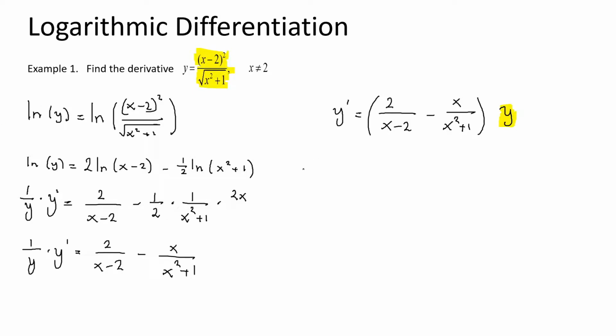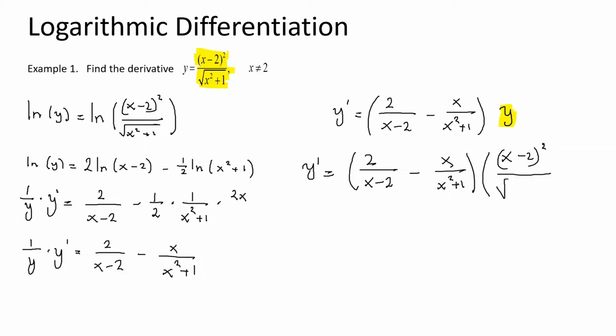So if you substitute, your y prime will equal 2 over x minus 2 minus x over x squared plus 1, and this whole thing will get multiplied by (x minus 2) squared over the square root of x squared plus 1. Now we just have to distribute this in, and you will have your answer.